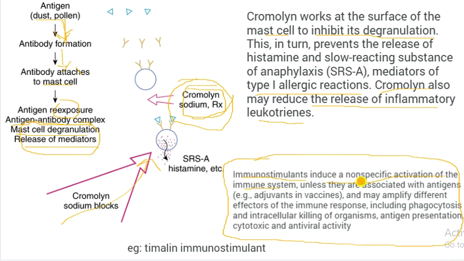Immunostimulants induce non-specific activation of the immune system unless they are associated with antigens, for example adjuvants in vaccines, and may amplify different effectors of the immune response, including phagocytosis and intracellular killing of organisms, antigen presentation, cytotoxic and antiviral activity. An example of an immunostimulant is thymalin, a synthetic thymus preparation.